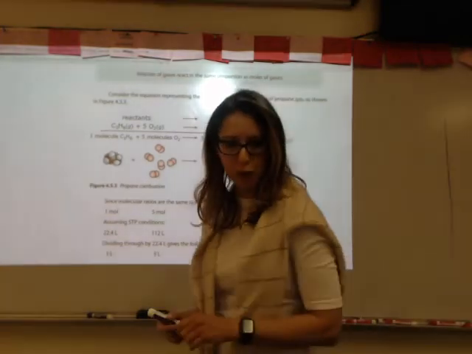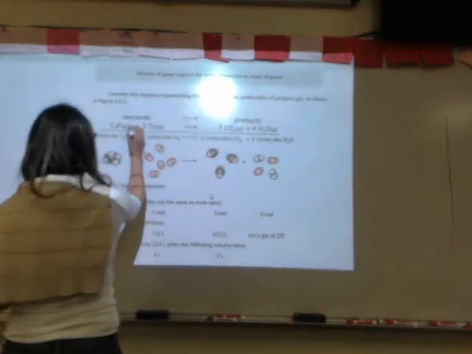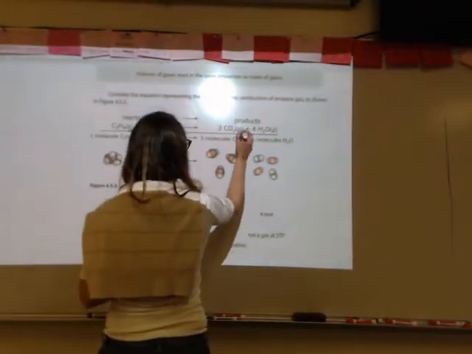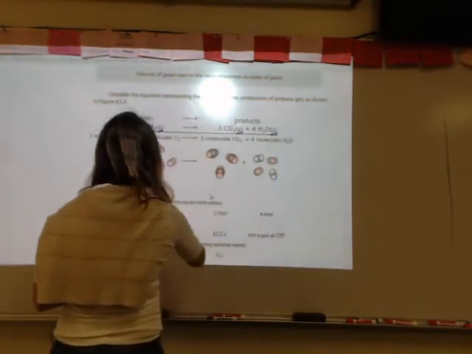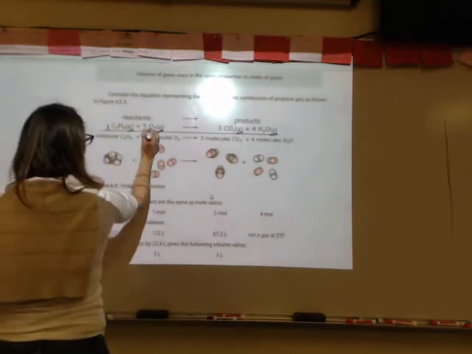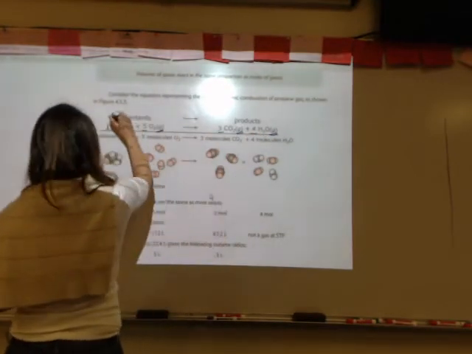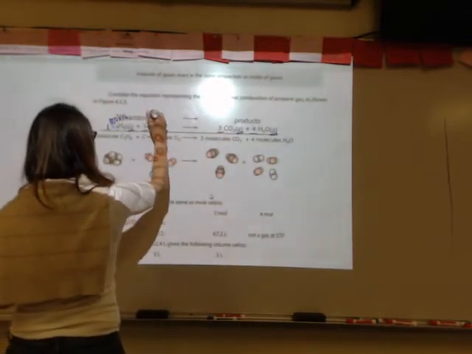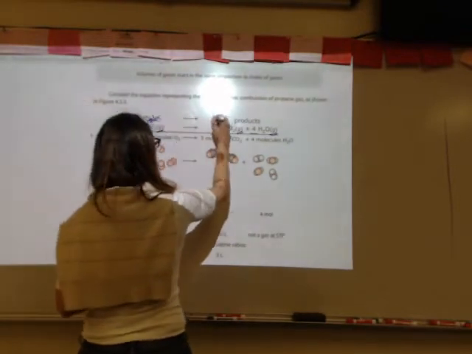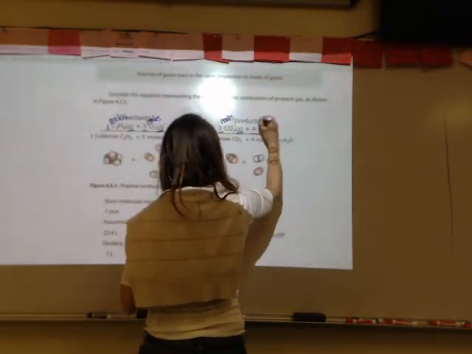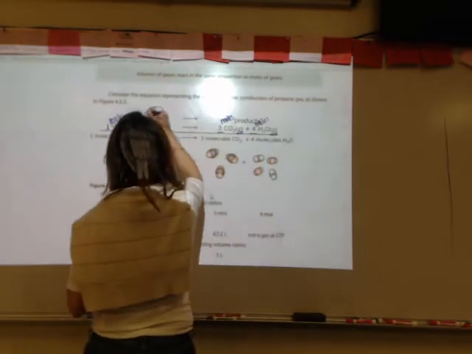So what you need to make sure of is that when you're looking at a reaction, when all of the states of matter are gases, your coefficients are not only in moles, but they're also in liters.